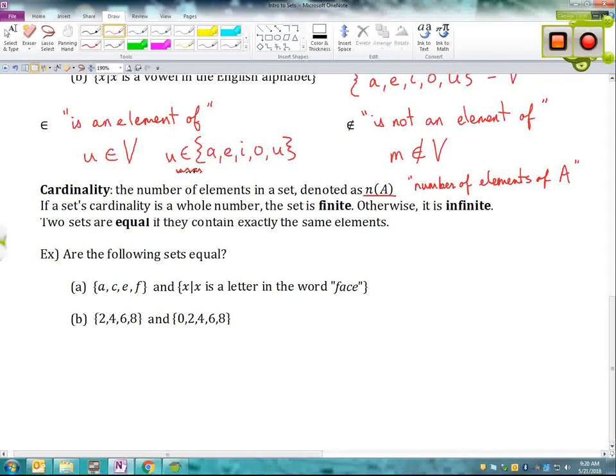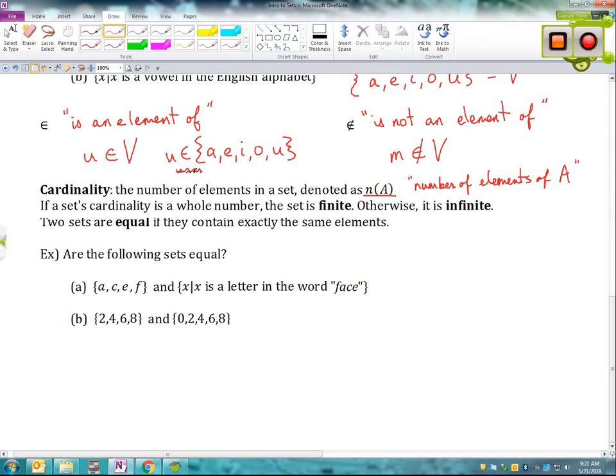And then if a set's cardinality is a whole number, then the set is finite. So if n of A equals 4 or 37 or 900,327, something like that, then it is going to be a finite set. Even though that's a large number, it's still finite because we have a discrete number of values. We can count all of them, okay?